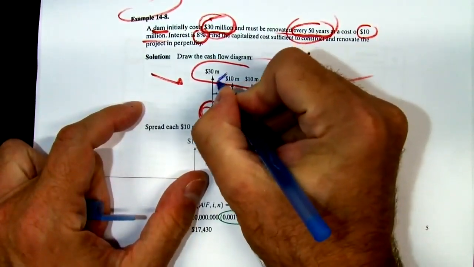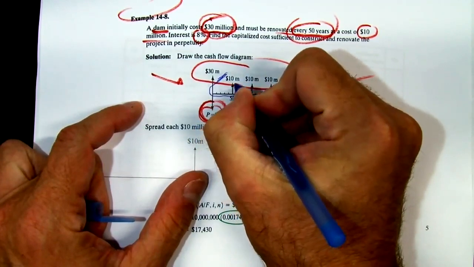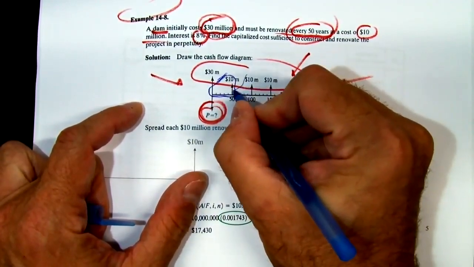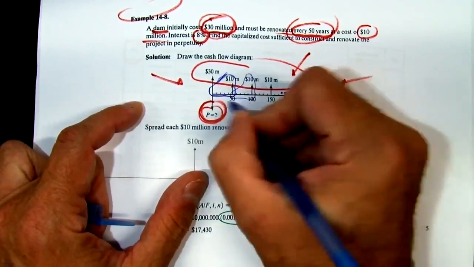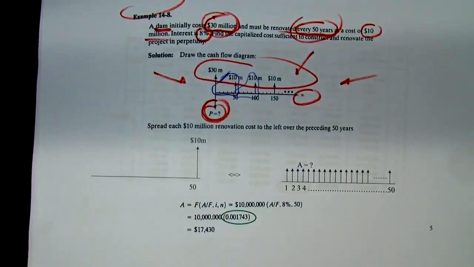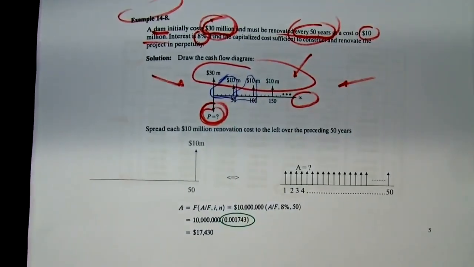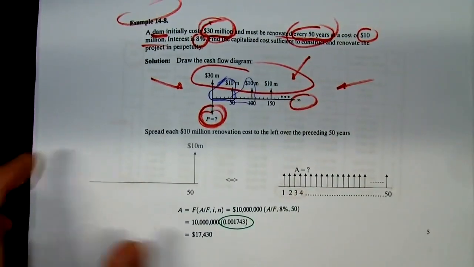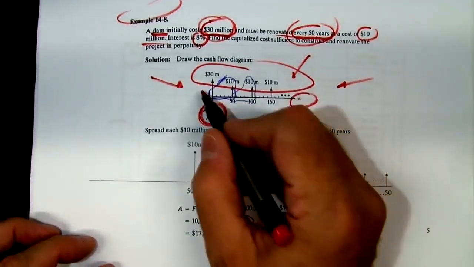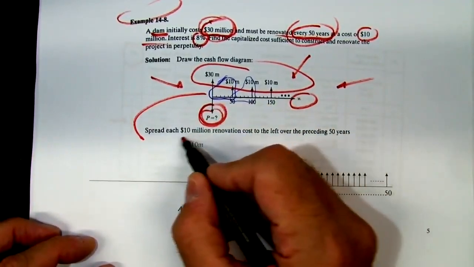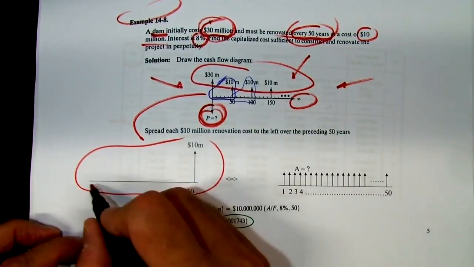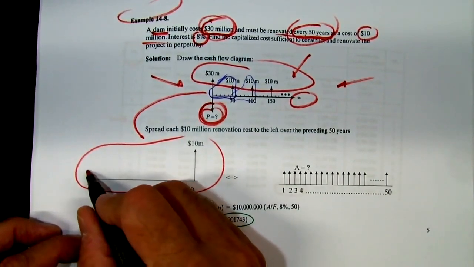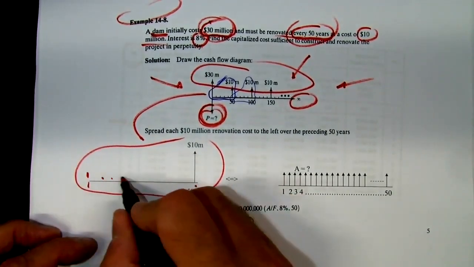If you look at the cash flow and focus on this portion of it, you see that it's repeated equally forever. If you focus on any of these blue circle parts of the original cash flow, you would have something like this. Nothing is happening from 1 to 50.